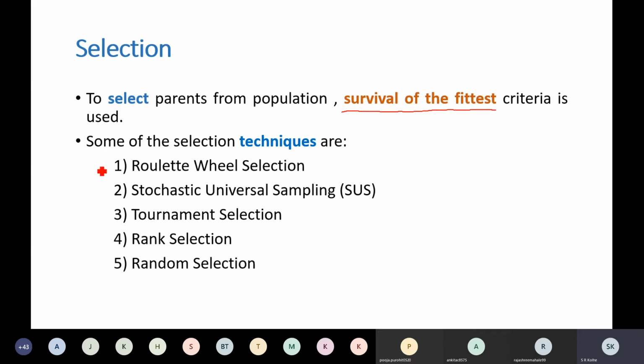So five important techniques we are going to discuss: roulette wheel selection and stochastic universal sampling, which come under one category. Then we will be discussing tournament selection, rank selection and random selection. Keep in mind, these techniques we are going to use for selecting better chromosomes. How are you going to check whether the chromosome is good or not? By using its fitness value.